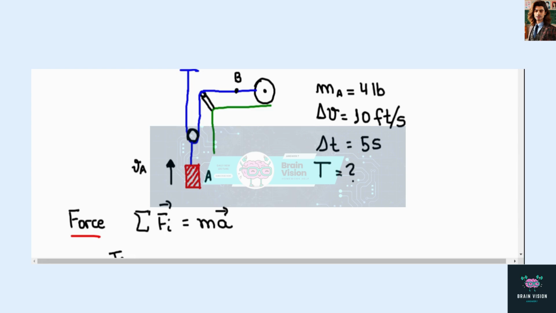Now, how does the acceleration at block A relate to the acceleration at point B?